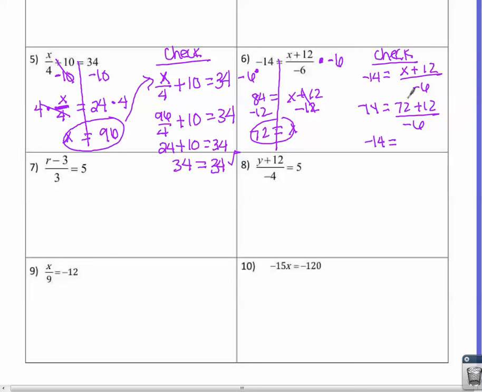Remember, order of operations, we simplify the numerator and we simplify the denominator before you simplify the fraction. 72 plus 12 gives you 84 divided by negative 6. 84 divided by negative 6 is a negative 14. So you know that you have gotten the correct answer.